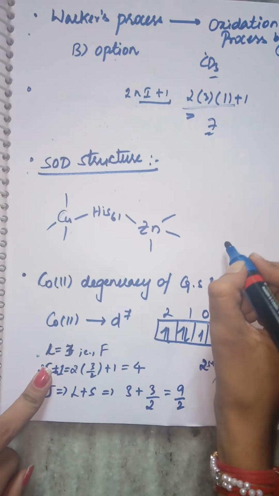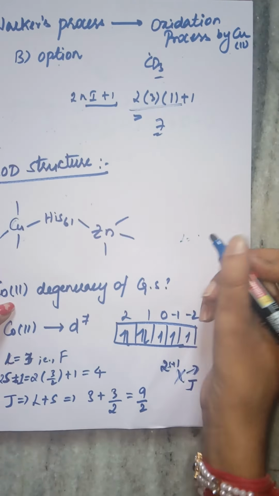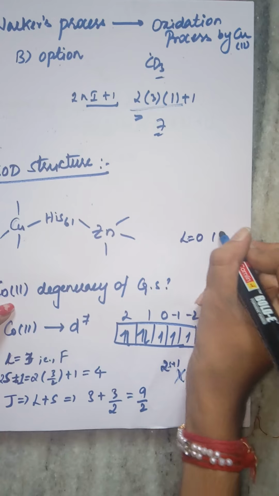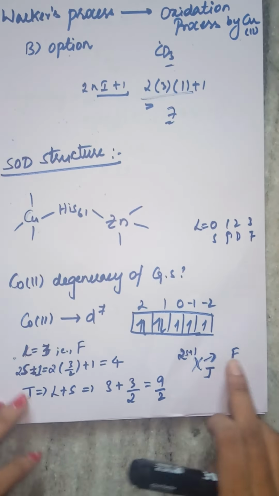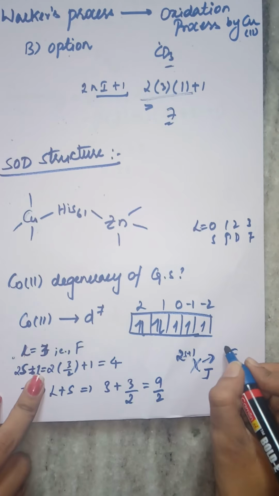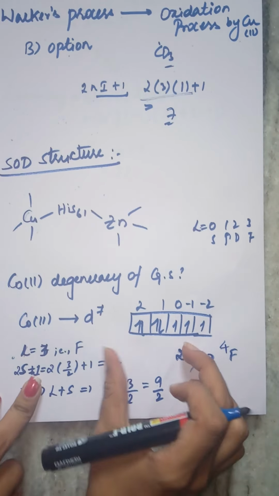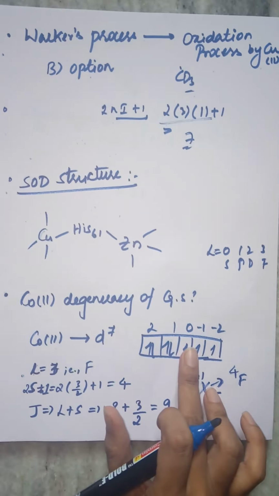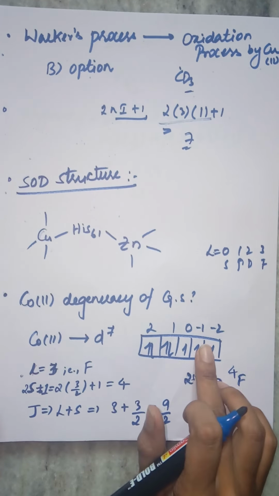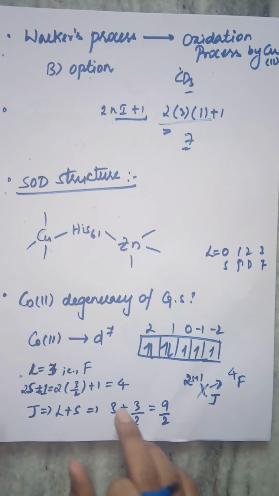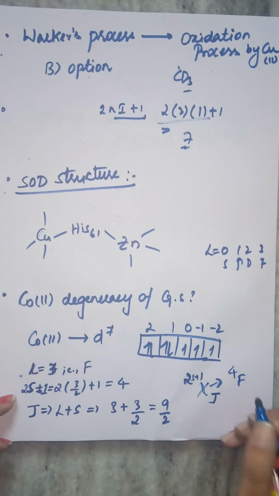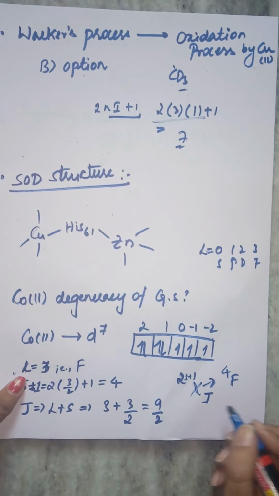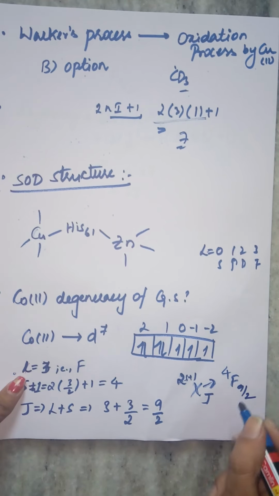Because the L value is 3: 0, 1, 2, 3 correspond to S, P, D, F. So it is F. The 2S plus 1 value is 4. And what is J? When the subshell is more than half filled, J is L plus S; had it been less than half filled, it would be L minus S. So 3 plus 3 by 2, that is 9 by 2. So this is your ground state term symbol, 4F 9/2.